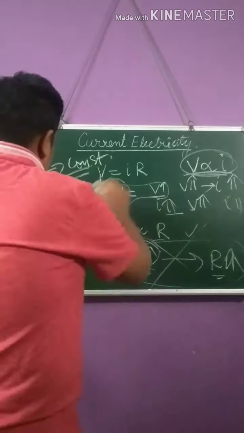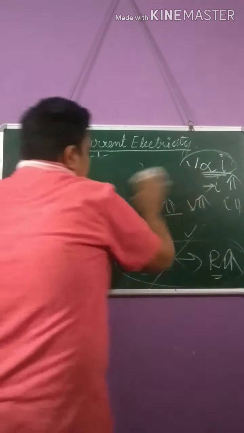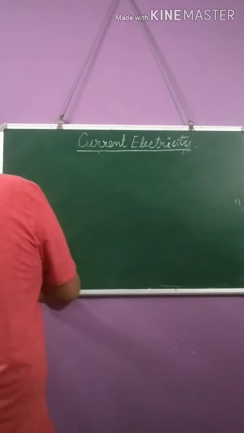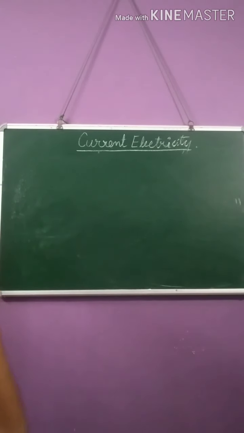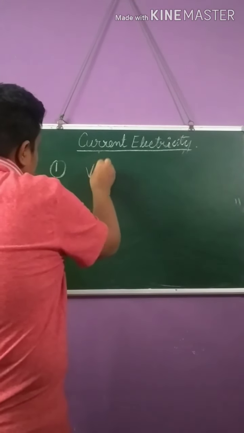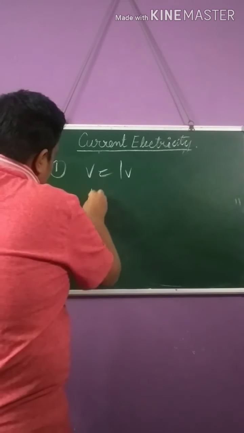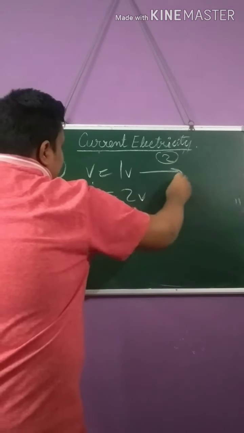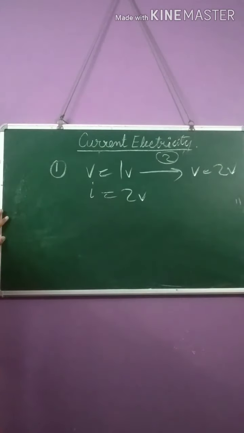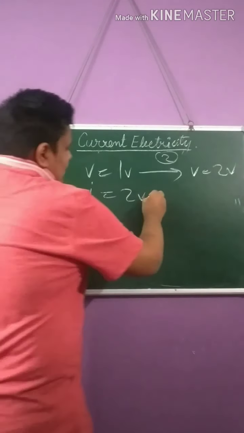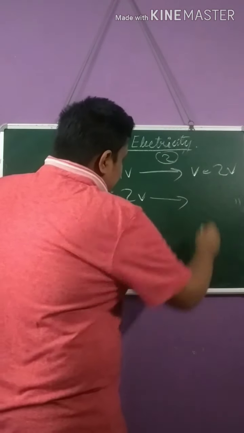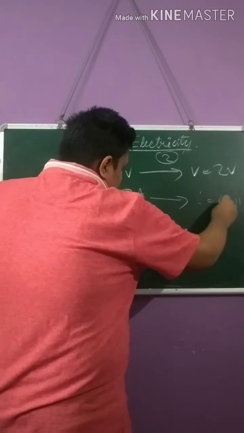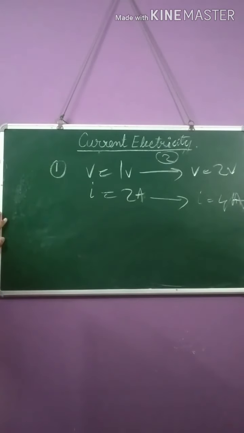Let us take two cases. Suppose in the first case V is 1 volt and I is 2 ampere. Then in the second case, when you increase V to 2 volt, the current will increase to 4 ampere. Why?